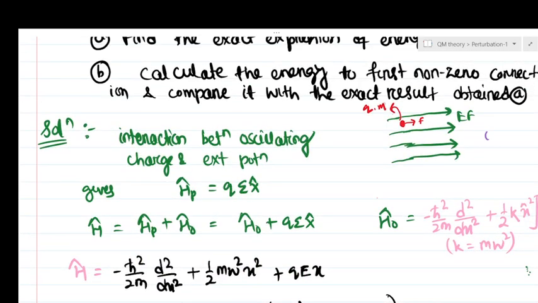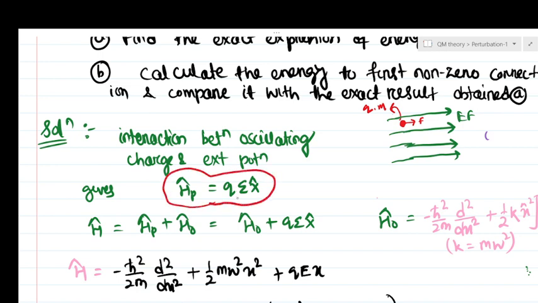Suppose the charge is q, having mass m, and a weak external electric field is applied. Due to this applied electric field, the charge is oscillating, and the interaction between the oscillating charge and the external potential gives rise to a Hamiltonian, that is the perturbing Hamiltonian.